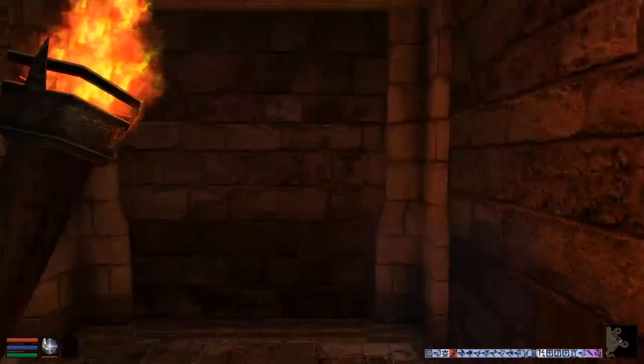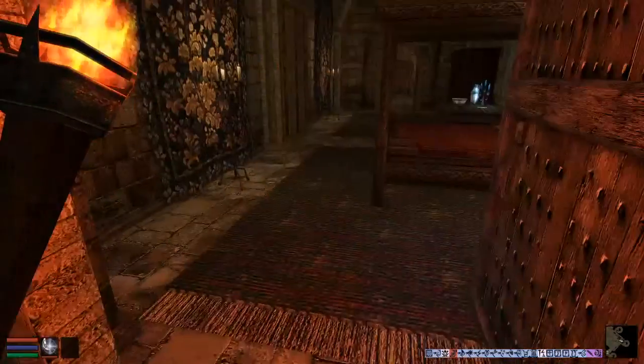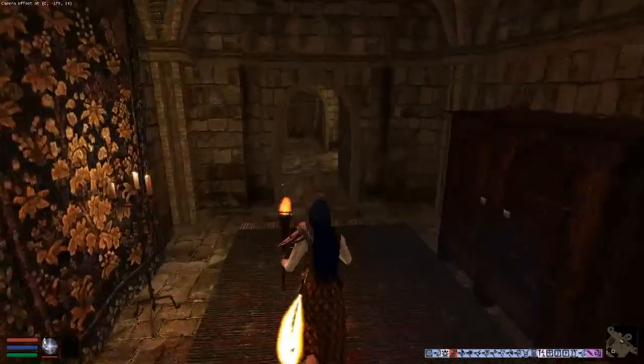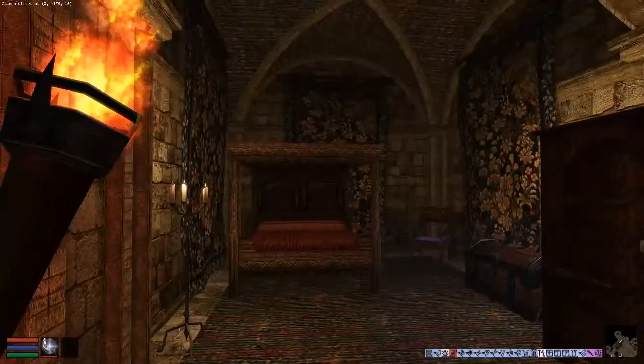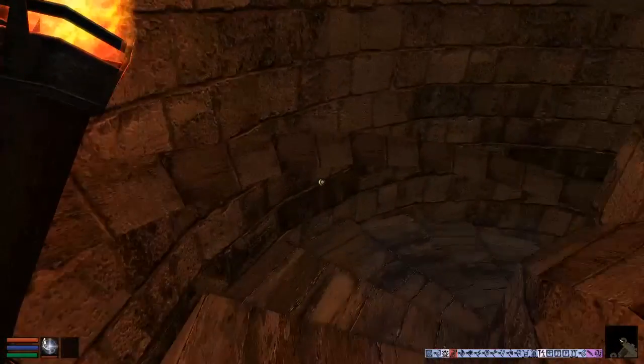But I was trying to see if we can visit some of the other rooms like this one. Usually there are NPCs around, but not really.